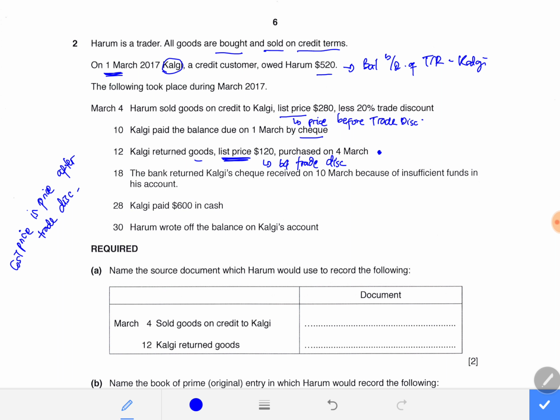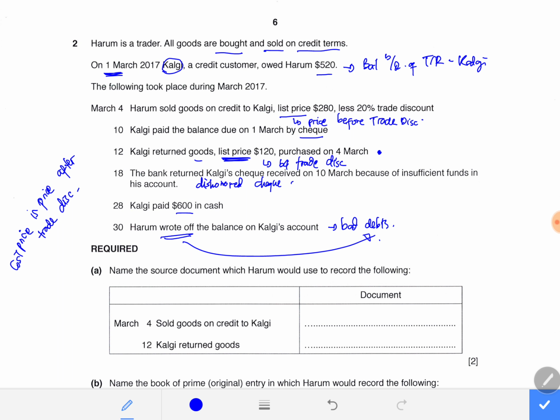The bank returned Kalgi's check received on 10th of March because of insufficient funds in his account. This is a dishonored check. Kalgi paid 600 in cash and Harum wrote off the balance of Kalgi's account. It's bad debts. Written off always refers to bad debts.